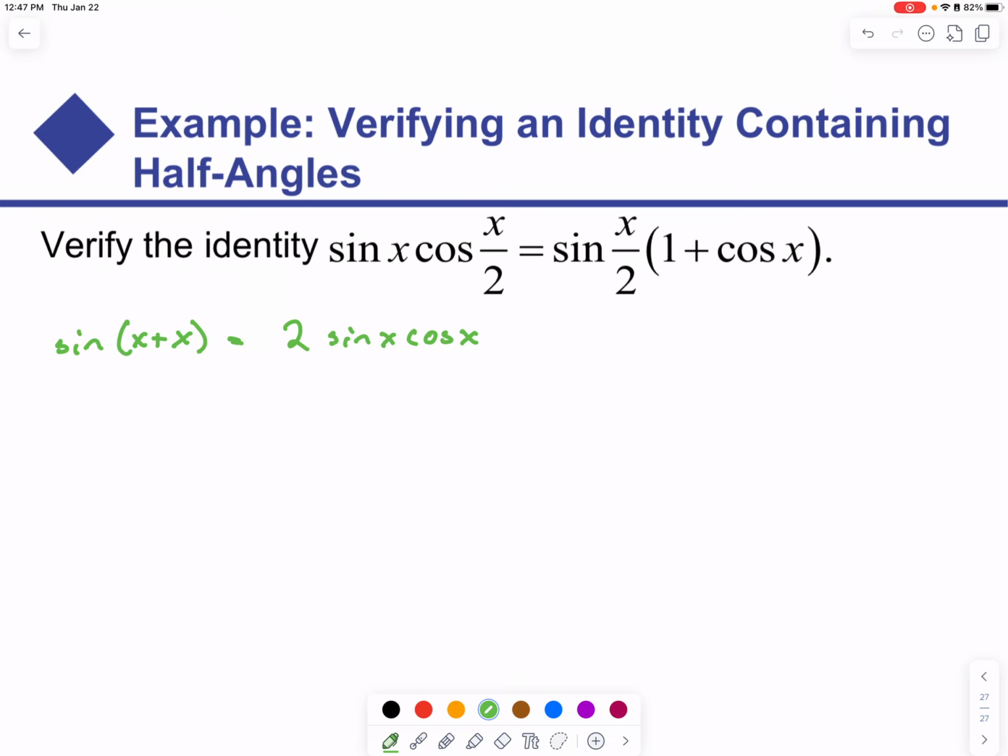Okay, I think that's good. So then the recommendation is to replace x with x over 2 in this. So let's just do that and see what happens.